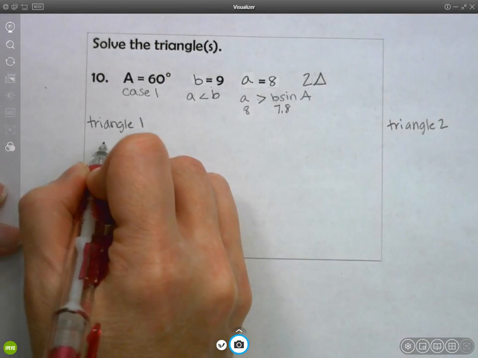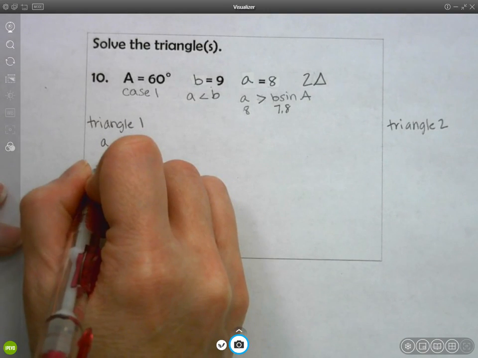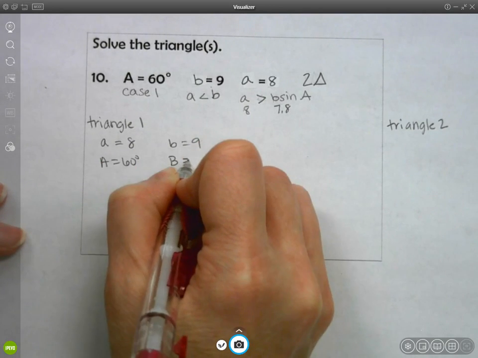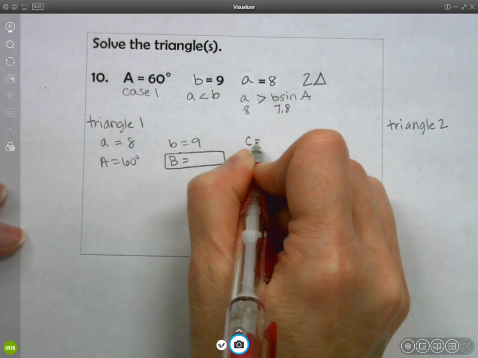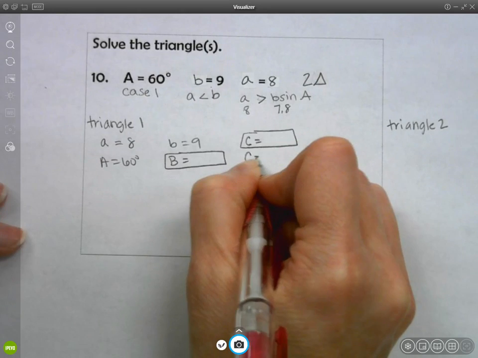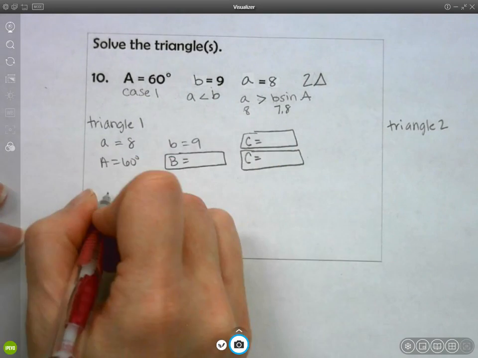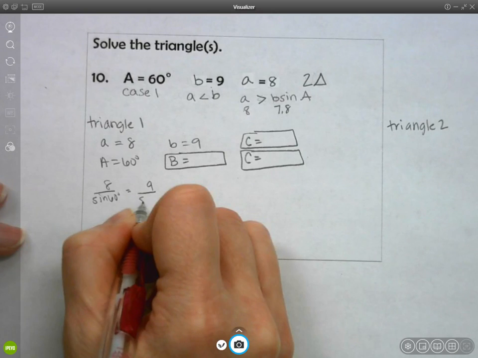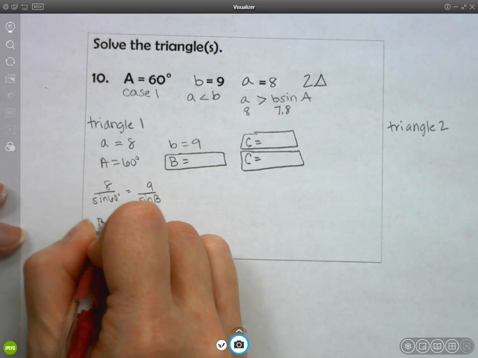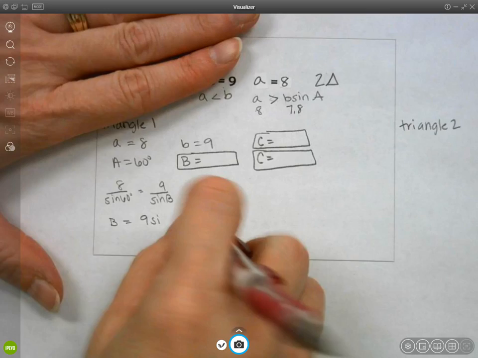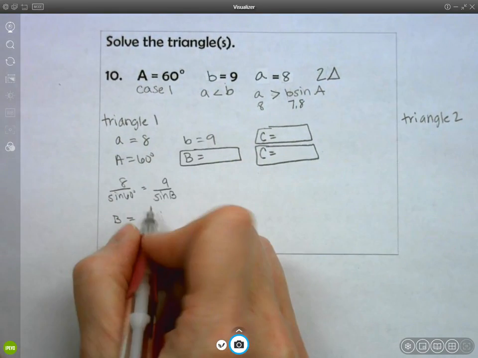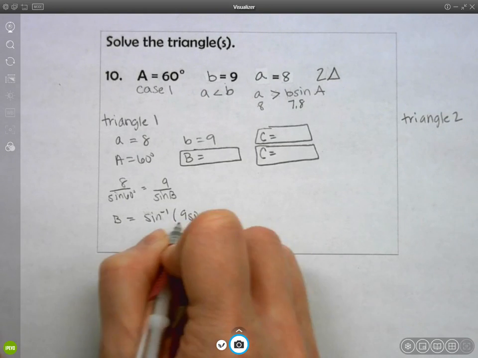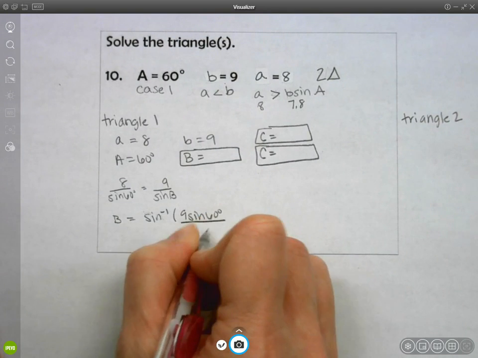Alright, so triangle 1, remember that you just set everything up normal and find all of your info. So we can say 8 over sine 60 is equal to 9 over sine B. So B would be inverse sine of 9 sine 60 over 8.